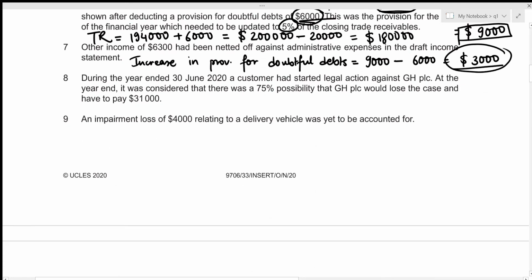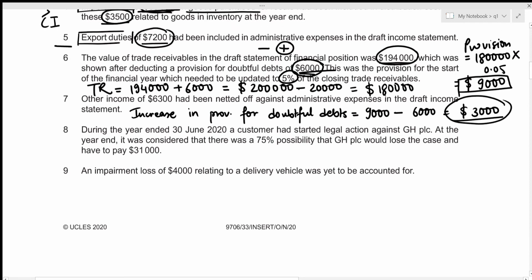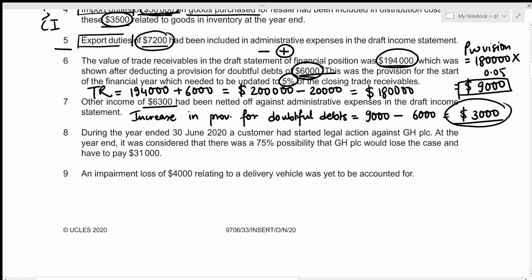Then for the seventh information, we are told that other income of 6,300 had been netted off against administrative expenses. We should definitely not be doing this. We cannot net off incomes against our administrative expenses. So we need to add this expense back to the administrative expenses and add this income back to our correct income statement.